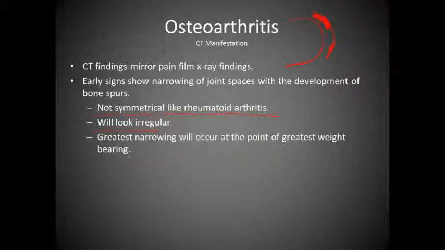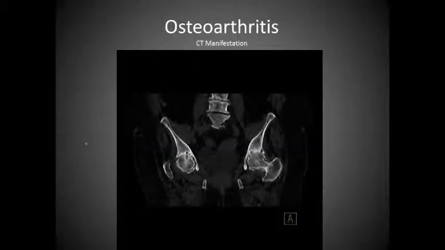And that's typical of osteoarthritis. The greatest narrowing will occur at the point of greatest weight bearing. And so, as we saw, potentially one of the things that causes osteoarthritis is just simple wear and tear on the body. So it's going to make sense that the greatest amount of osteoarthritis is going to occur where the body bears the weight the most.